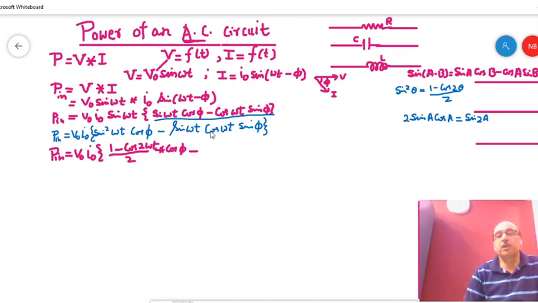So sin omega t cos omega t will be sin 2 omega t divided by 2 into sin phi.